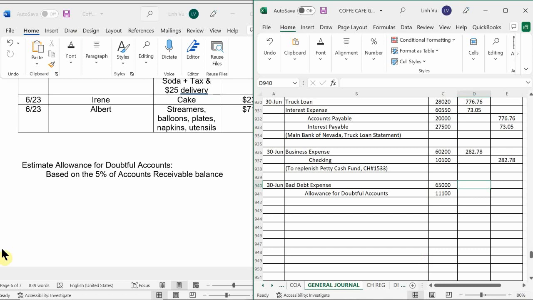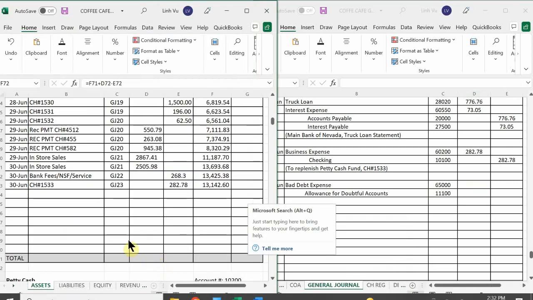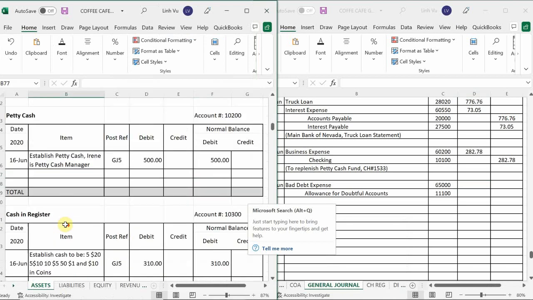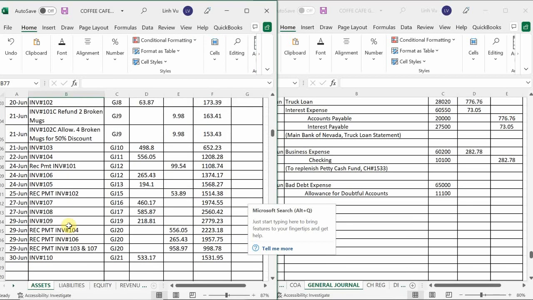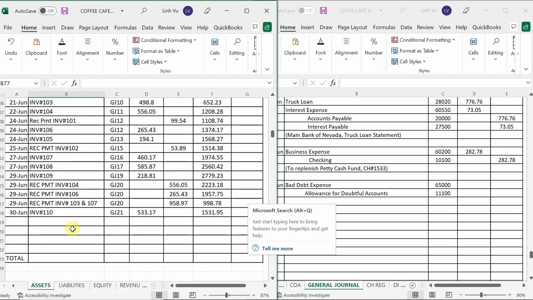You need to go to your ledger to find out your current accounts receivable balance. So here we are, accounts receivable right here. Right now, I have a total of $1531.95.